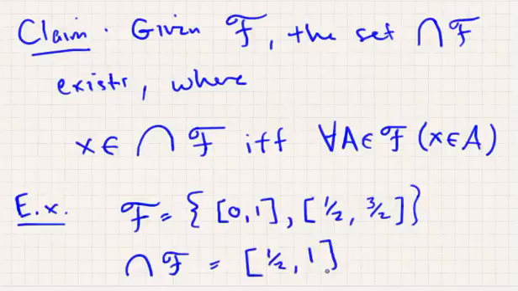Because these two sets only have in common the elements that are between 1/2 and 1. Okay, so how do we prove that this set exists? Oh, sorry, the F is supposed to be non-empty.